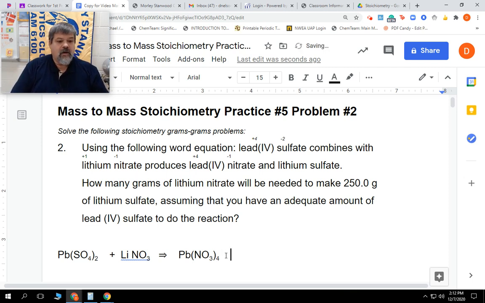Now to that, we're going to have lithium sulfate. Lithium, again, from the one above, is a +1. But our sulfate from up here is a -2. They don't cancel each other out, so we need to crisscross. So I need 2 lithiums for every 1 sulfate.